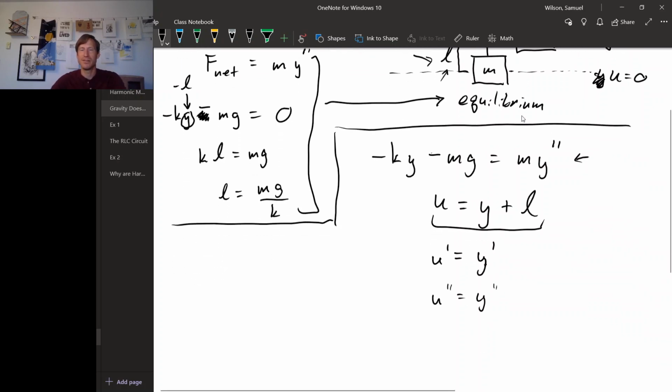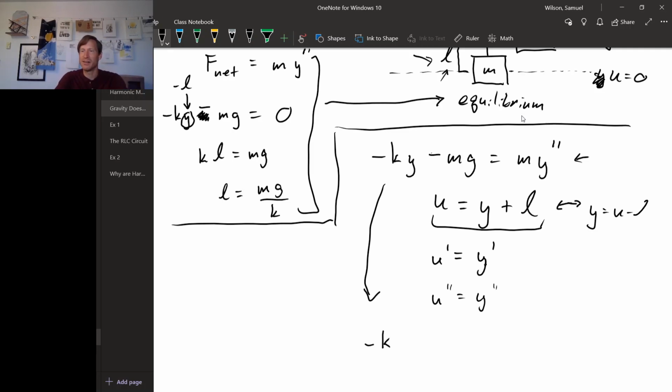Now we can do the substitution. We get minus k times y, but we can solve for y: y is u minus L. So minus k times (u minus L) minus mg equals m times y double prime, but y double prime is the same thing as u double prime.